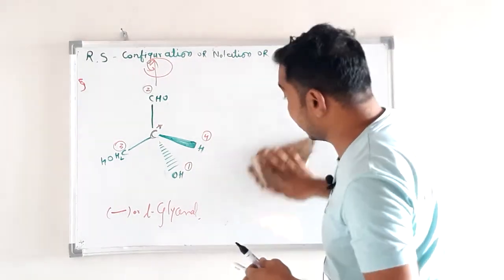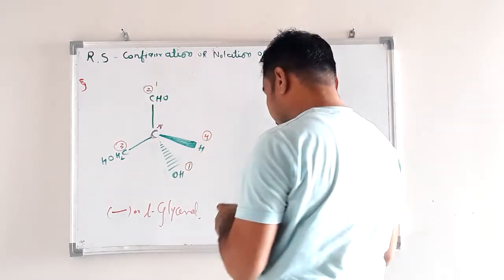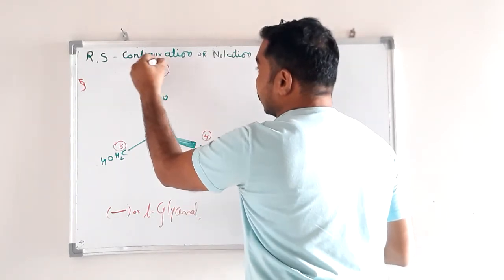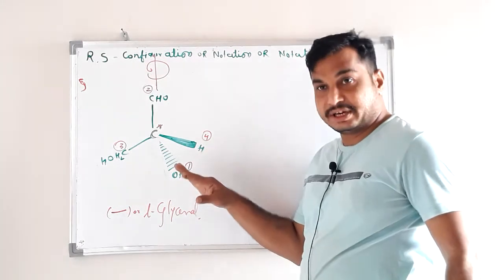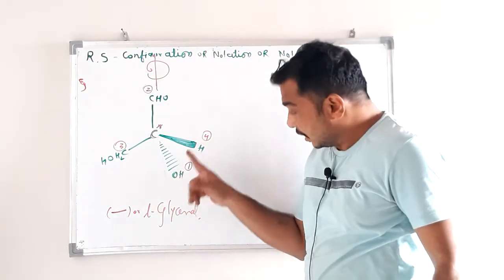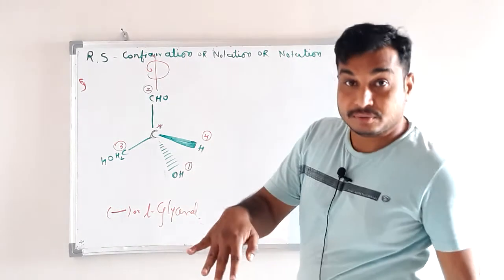After rotation through 180 degrees, the group that is on the front side will be on the back side, and the OH group that is on the back side will become front side.